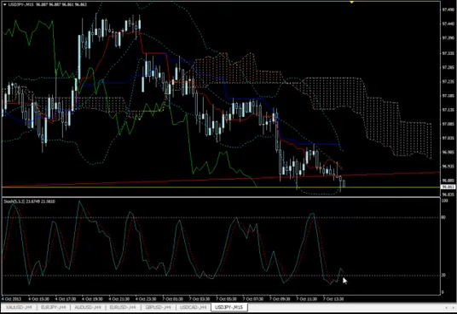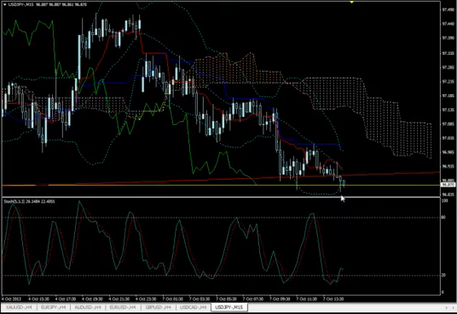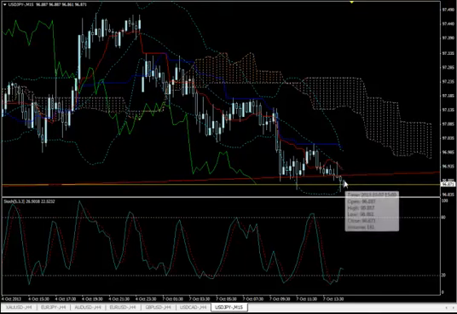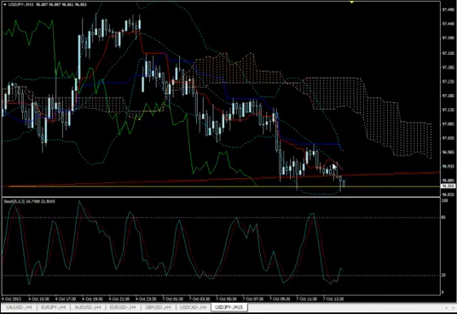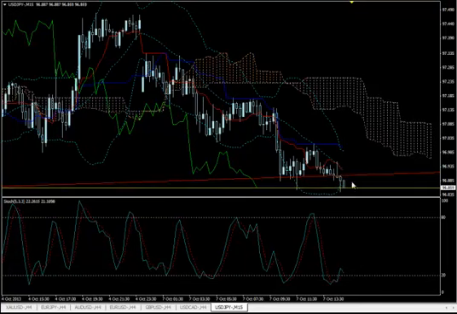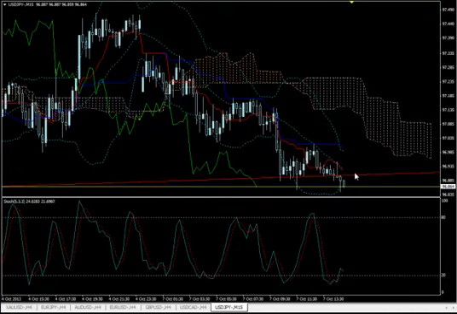The slow stochastic will follow, and we see a contraction between the Bollinger Bands, and as soon as the price on the M15 jumps above the Tenkan-sen, the red line of Ichimoku Kinko-hyo, and if it crosses above Tenkan-sen and closes there, then we have increased possibilities of a successful reversal. We wait to see that sign in order to feel less worried about our long position.